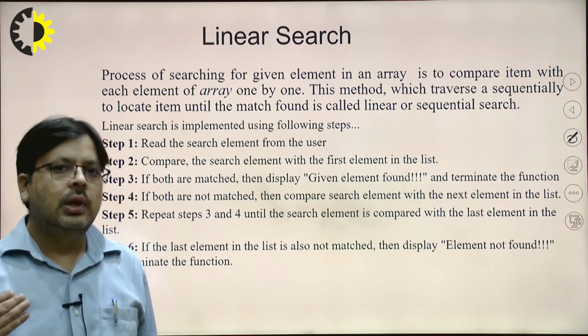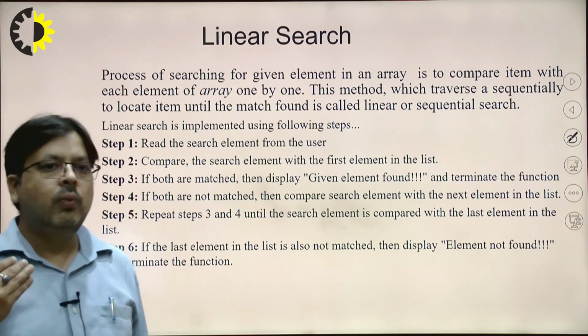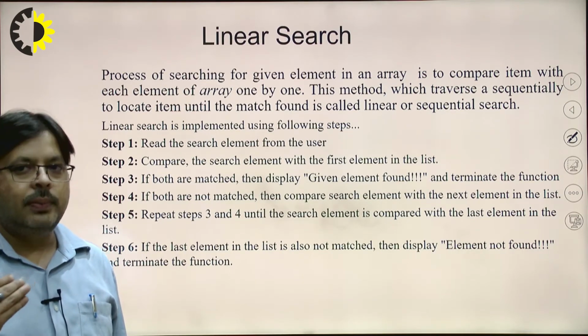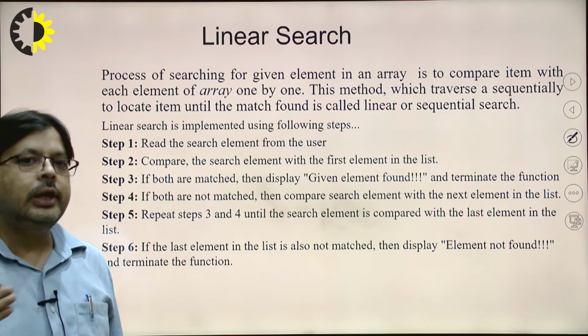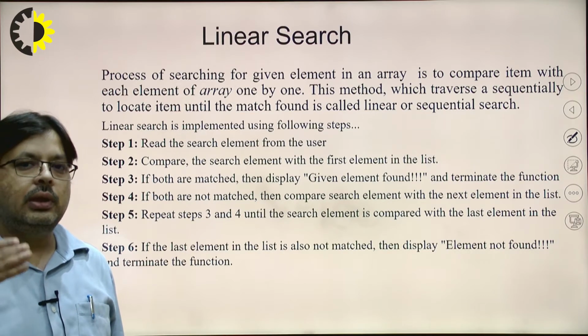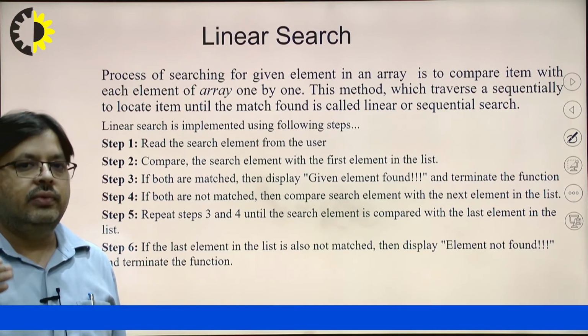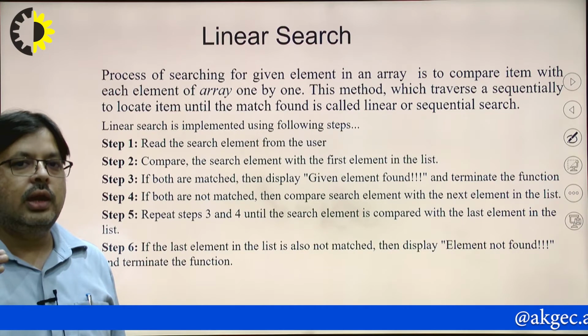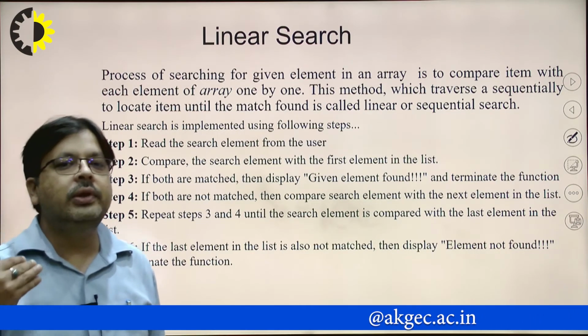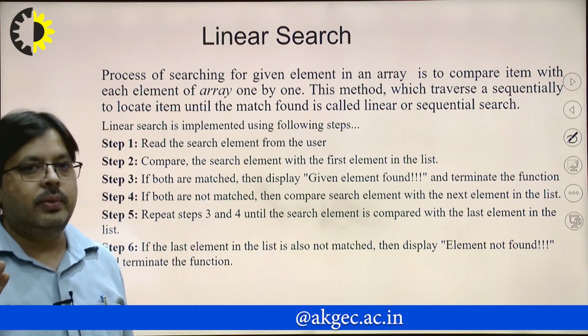So it is a simple process: we sequentially go through the elements one by one and compare our desired element with the array elements, and as and when the element matches a list element, we declare that the element is found.